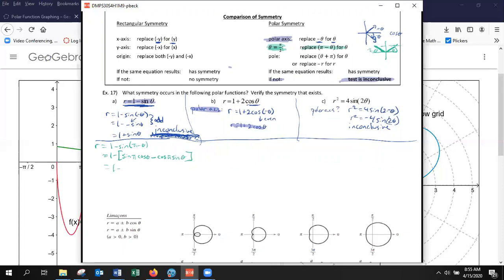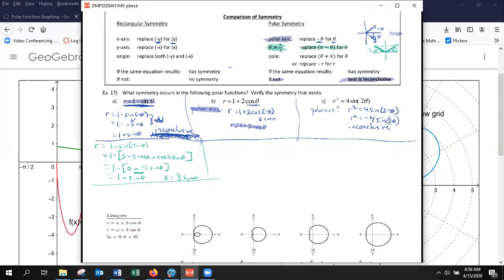The sine of pi is 0, and the cosine of pi is -1. So what actually happens is this ends up being 1, and the negatives occurring right here cause that to be a plus. Actually, that's a triple negative, and that triple negative causes it to still be minus. So voila, we have the theta equals pi over 2 symmetry as a result.